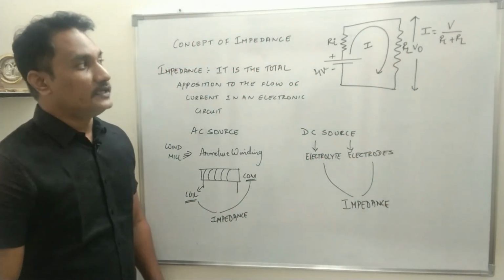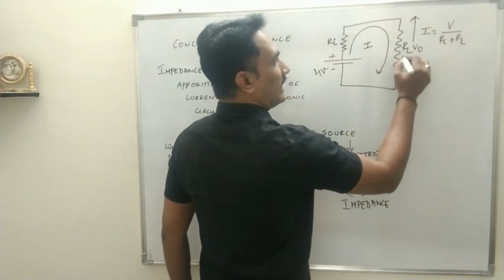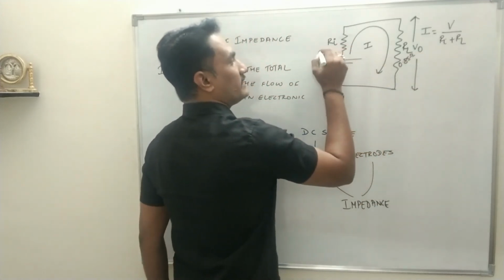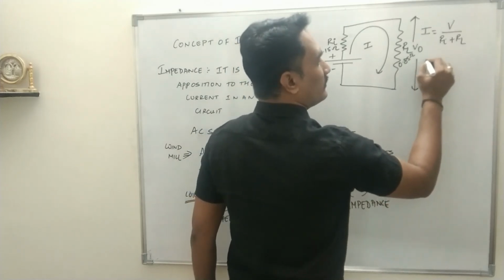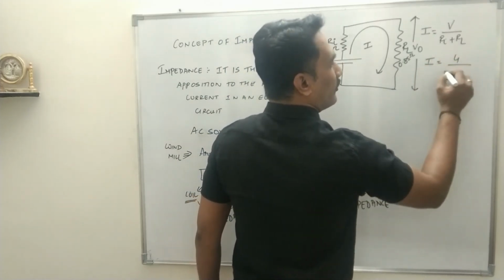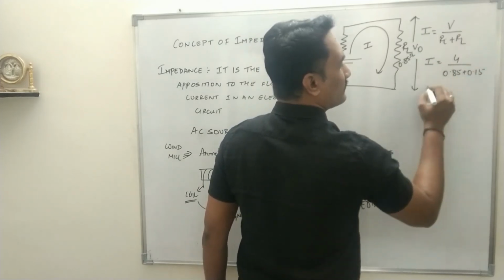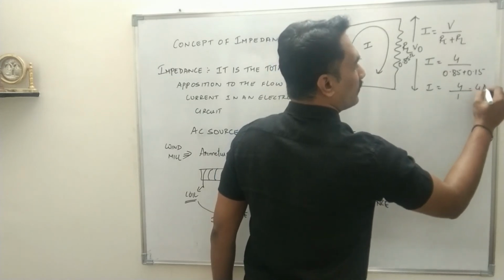So I is equal to V upon Ri plus RL. Let's say RL is equal to 0.85 ohms and Ri is 0.15 ohms. Substituting the values, I is equal to 4 upon 0.85 plus 0.15, so I is equal to 4 upon 1, which is equal to 4 amperes.